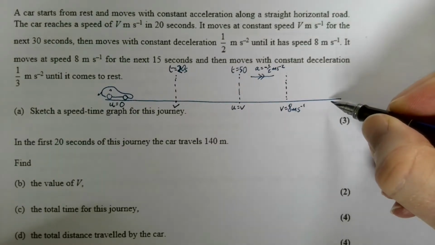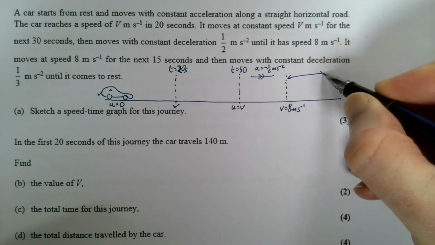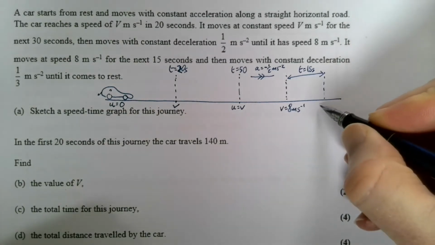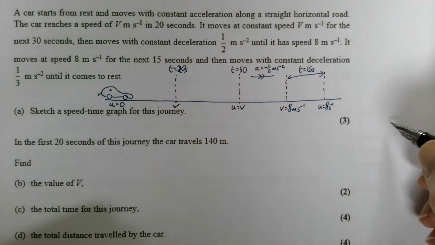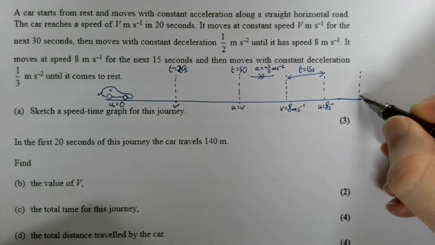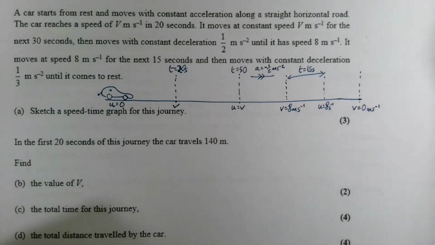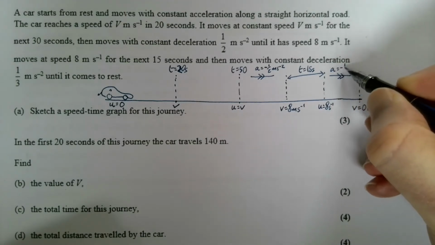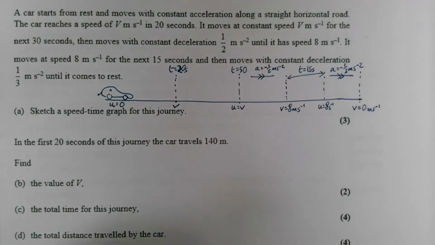So then that's going to continue for another 15 seconds, and at that point my initial velocity for the next stage will be 8 meters per second, and then we're going to decelerate until we get to 0 meters per second, and that deceleration is going to happen at negative a third meters per second squared.